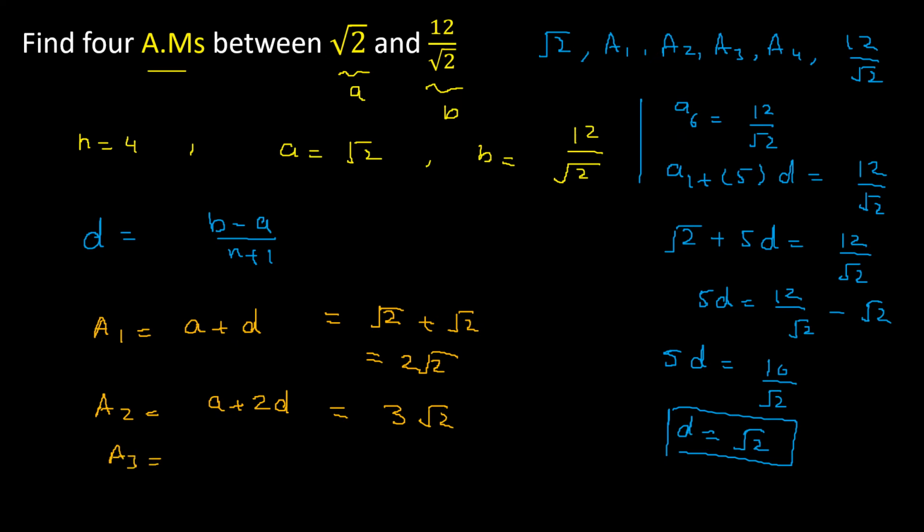A3 will be equal to 5 root 2, and so on. And that b is 6 root 2, which is actually 12 over root 2, right? So these are the four AMs that we have to find between these two numbers.